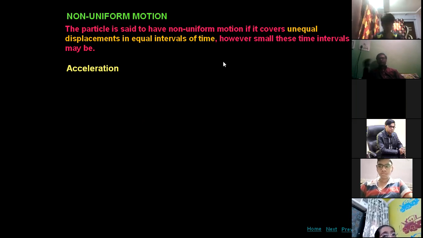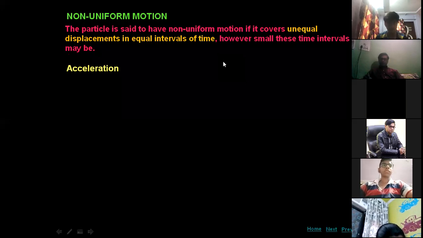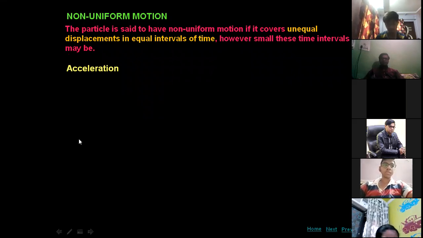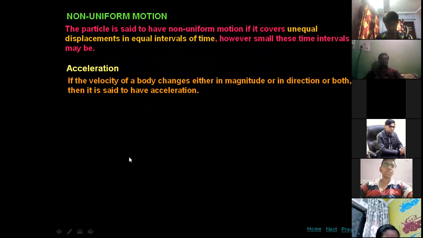When it covers equal displacements in equal intervals of time, then the motion is called uniform motion. When the displacements covered are unequal, then it is called non-uniform motion. Non-uniform motion is called accelerated motion. When the velocity changes with respect to time, the motion is called accelerated motion.